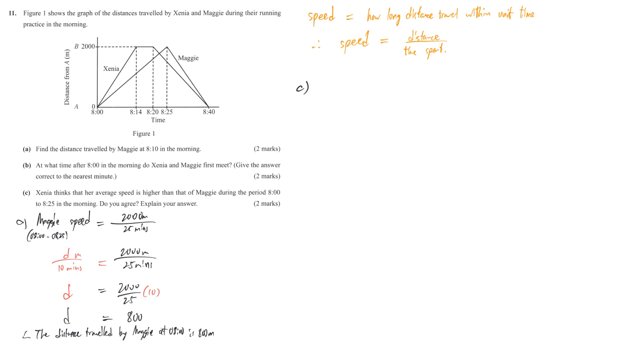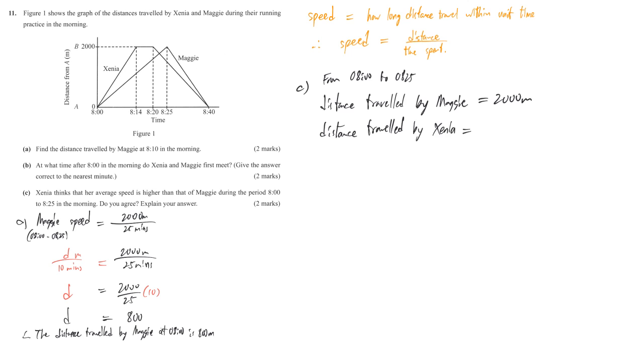To write clearly, we will say that the distance traveled by Maggie is equal to 2000 meters. And then we write down the distance traveled by Xenia. Basically you just need to say that it's more than 2000 meters, that is fine. But to be more secure, we write down 2000 plus the extra distance.